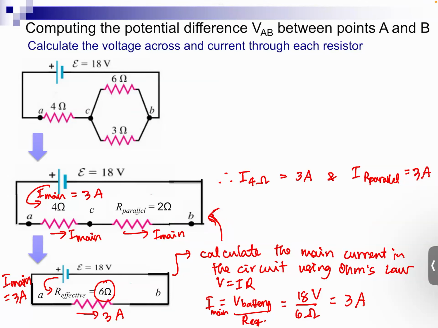Once you know the current and the resistance, then you can calculate the voltage. Ohm's law only requires you to know 2 variables in order to calculate the third variable.